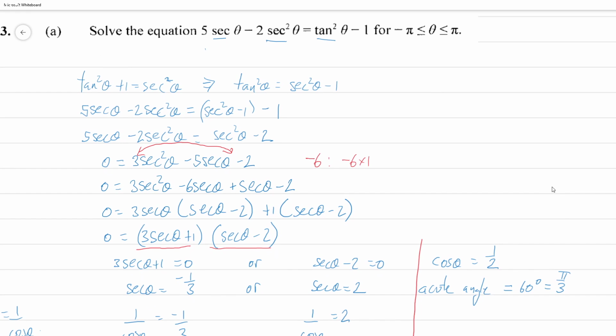So if this is your acute angle, and you were to draw your quadrants A, T, and C, this all quadrant is where you would have your pi on 3. And since we're dealing with cos, this is your next pi on 3.